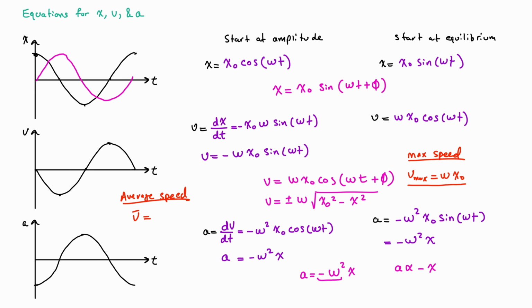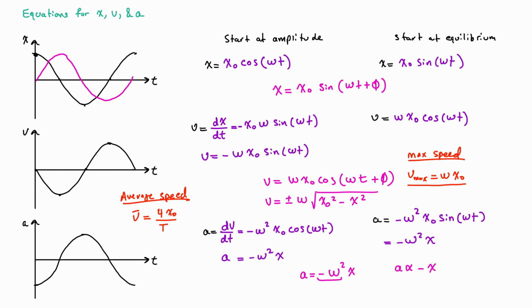Within one whole oscillation, the object moves up by one amplitude, comes back by one amplitude, goes down by one amplitude, and goes back to the equilibrium position. So it travels a total distance of 4 amplitudes in a time of 1 period for that oscillation. And this gives us the average speed of the particle.